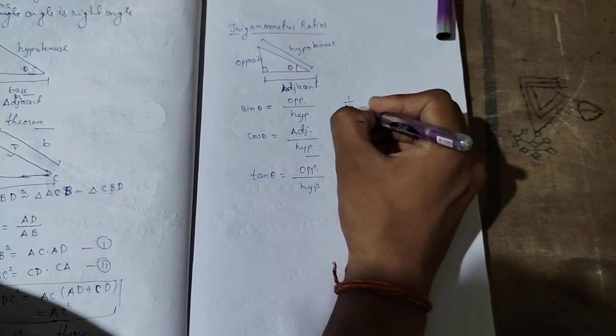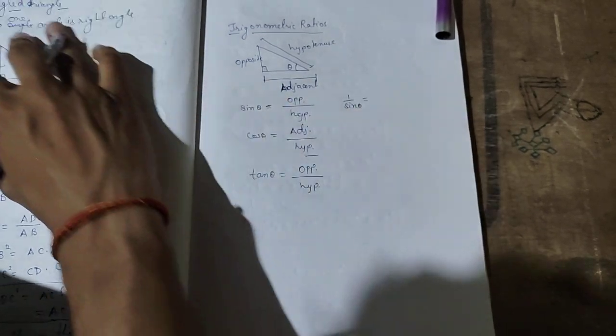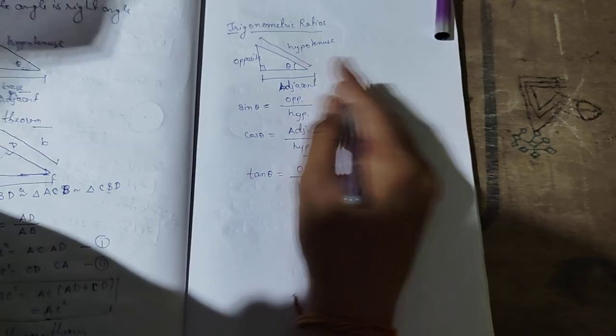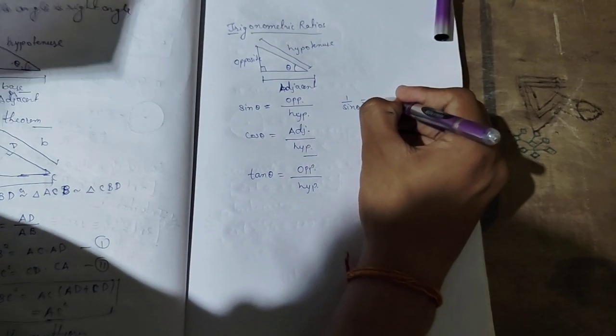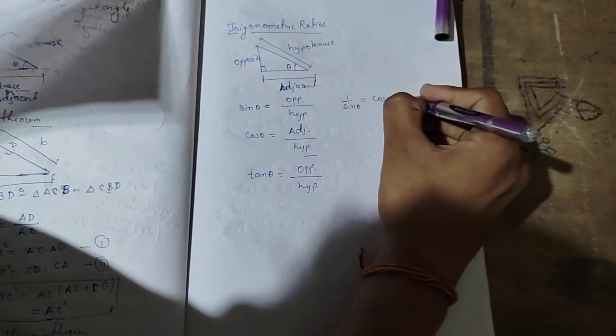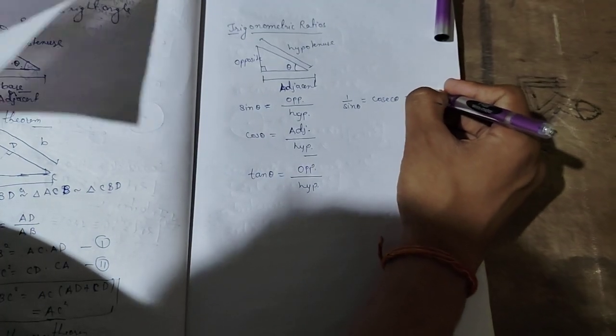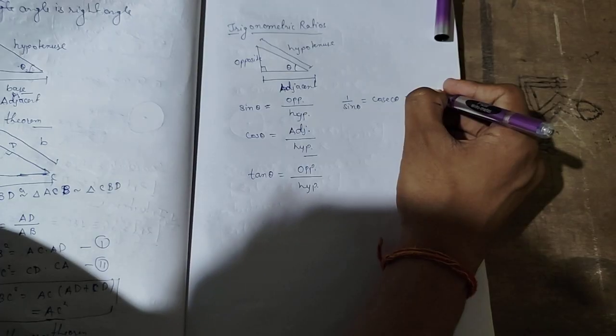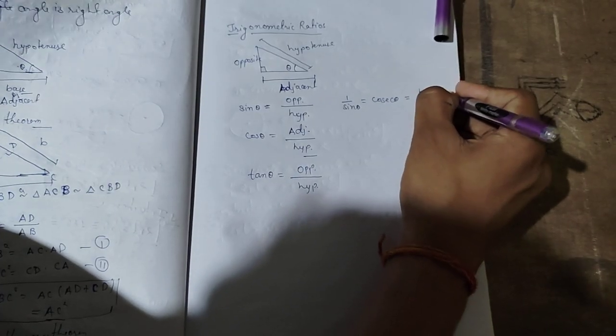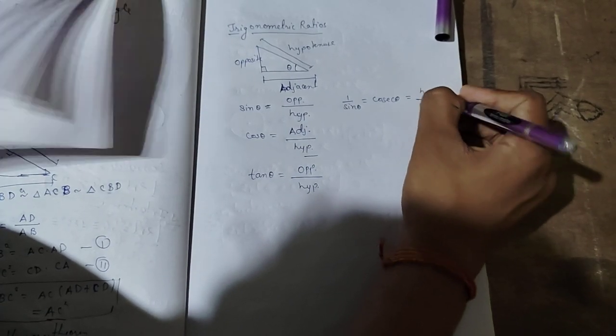Now we take the reciprocal of these. 1 by sine theta is equal to cosec theta, that is hypotenuse by opposite.